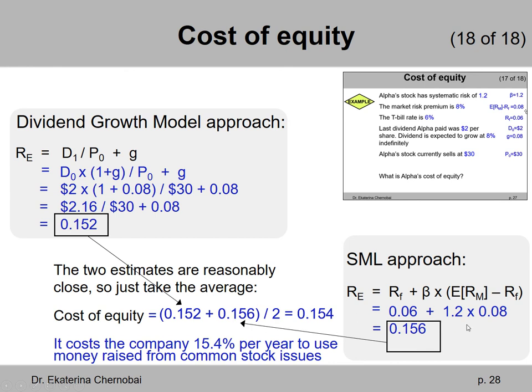What I'm saying is that in a problem like this, you should make a somewhat subjective decision on which approach to use, and if you're using both, then how much you would like to rely on this or that approach. Here we did it the simple way. We are basically saying that I like both approaches, I would like to rely on both, so I'm just taking a simple average of the numbers I get.